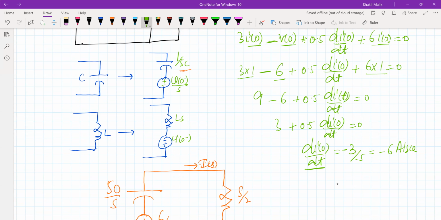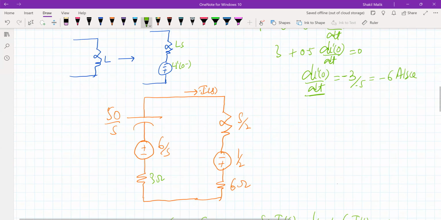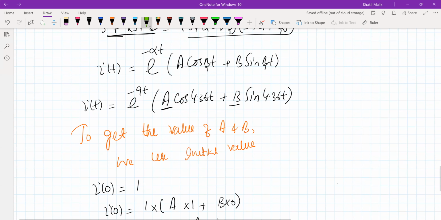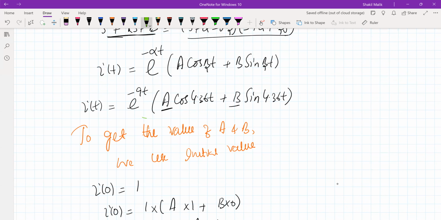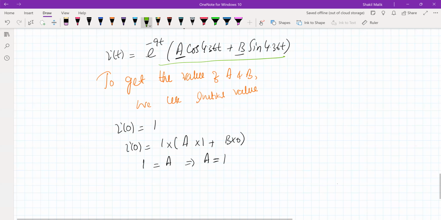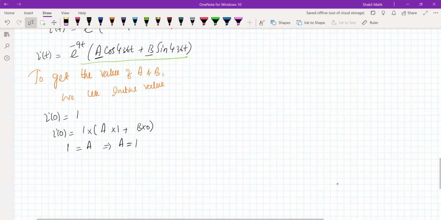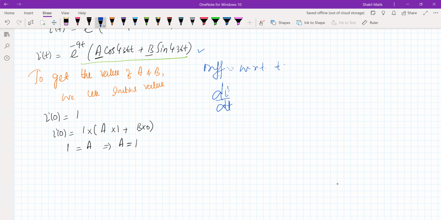So what is the value of di 0 by dt? Now you know I of t already here. We have already determined the value of I of t. So differentiate it with respect to t. So if you differentiate this expression, what we'll get? So differentiating this expression with respect to t, we'll say di by dt is equal to, first we'll differentiate this term, then we'll differentiate the other, because this is differentiation of u and v.